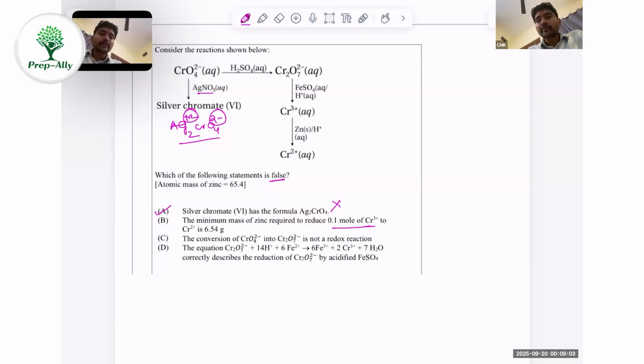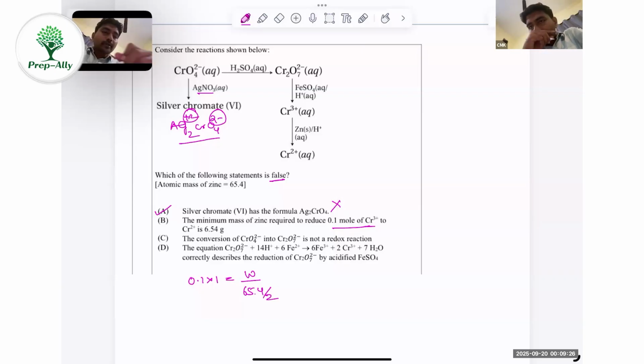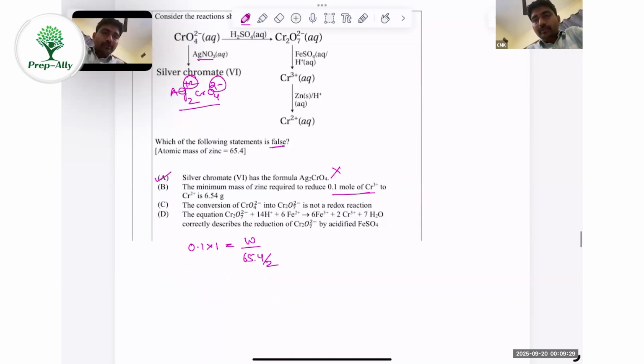Now equivalents for chromium: 0.1 into 1 is equal to the weight divided by equivalent weight of zinc. Zinc atomic weight is 65.4, and each zinc loses 2 electrons, so 65.4 by 2. Both equivalents should be the same. So W, the weight of zinc required, is 0.1 into 65.4 by 2.